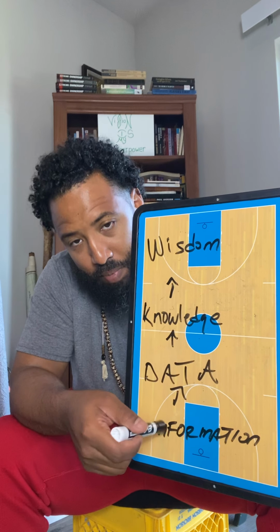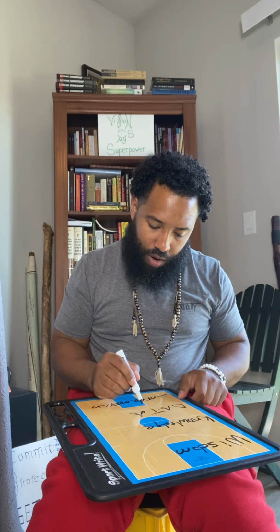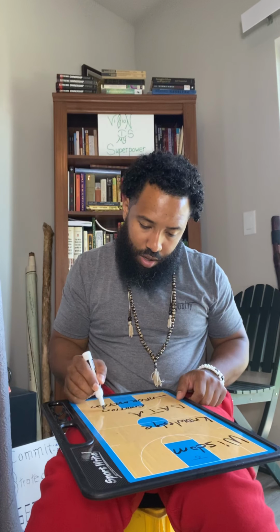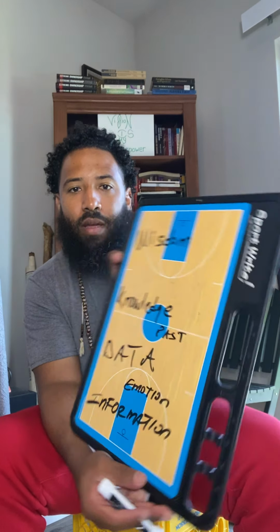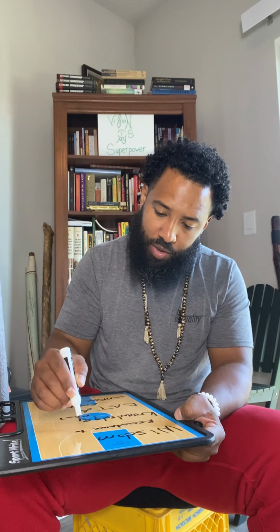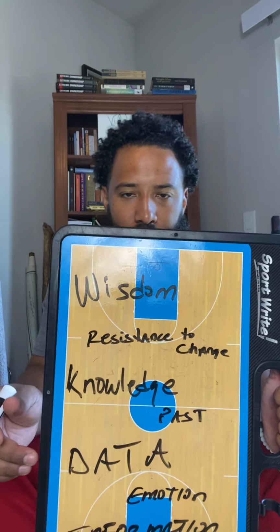Like, what's your speed of being able to take in information and move to these levels of wisdom without, in the middle of each level, adding in your own personal emotions, maybe the past play, and maybe resistance to change? Maybe the resistance to change is what stops the knowledge from becoming wisdom.